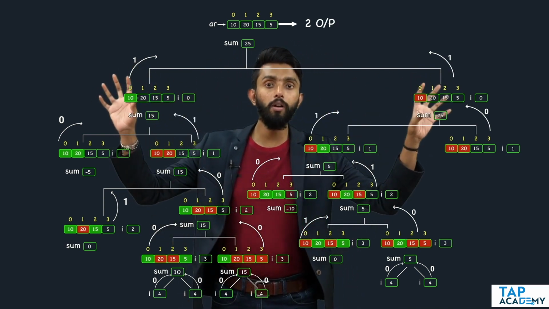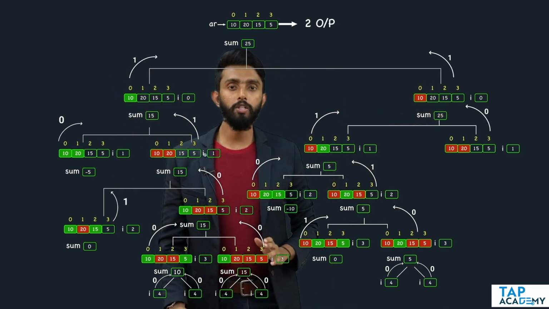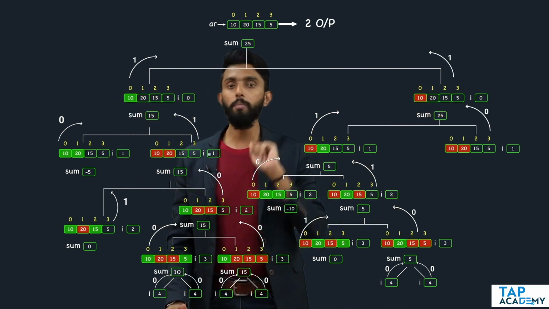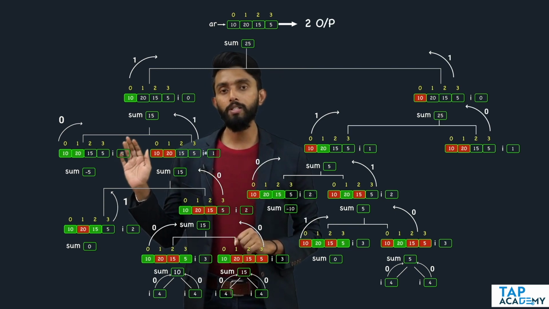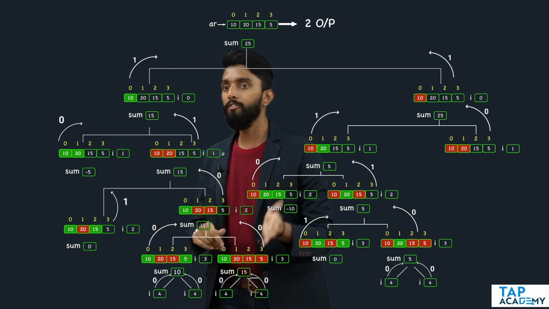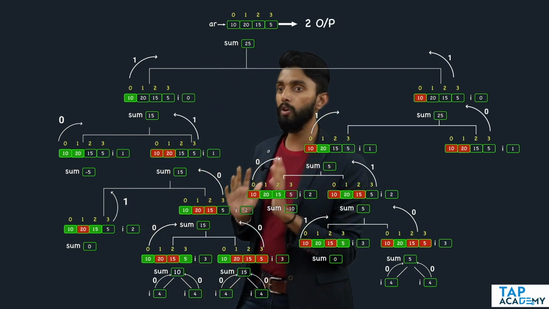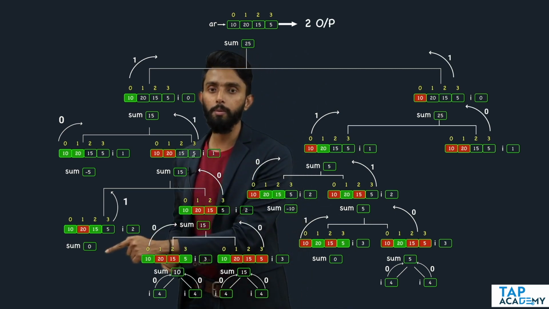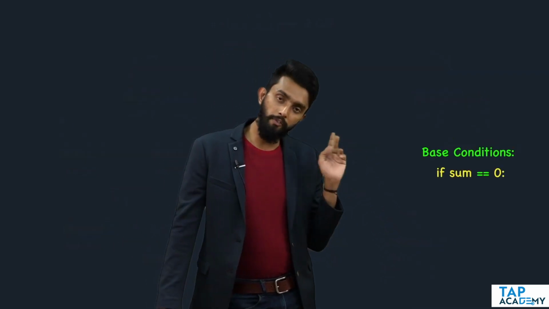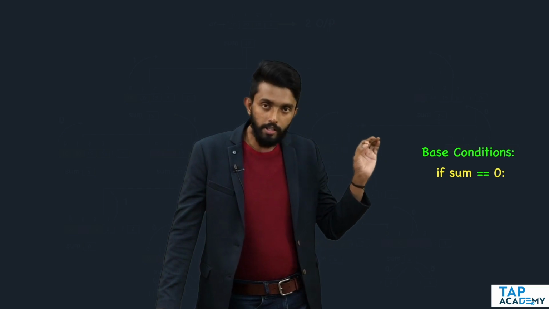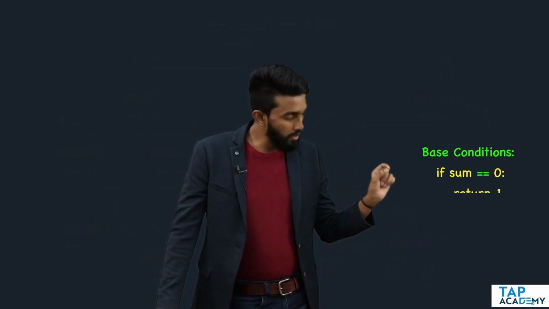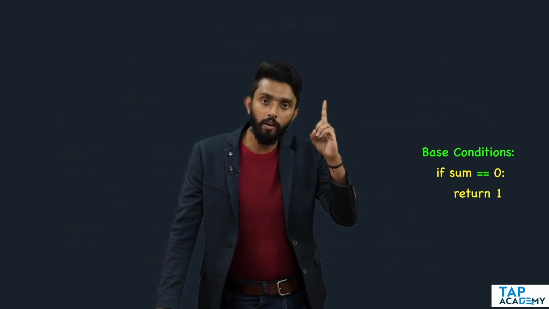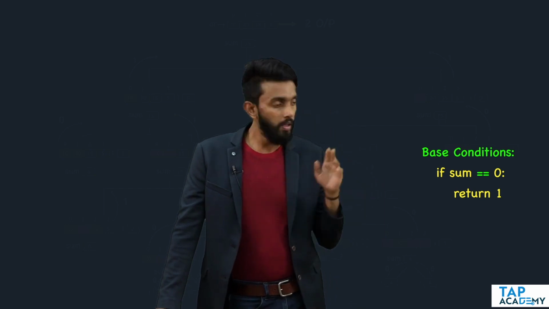But most importantly, when it comes to base conditions, I am just showing base conditions, 3 base conditions. First one is, let us talk about valid. Valid means what? Sum becomes 0, correct? Like this, sum becomes 0, valid base condition. So if in case sum is equal to 0, return 1. 1 means valid.